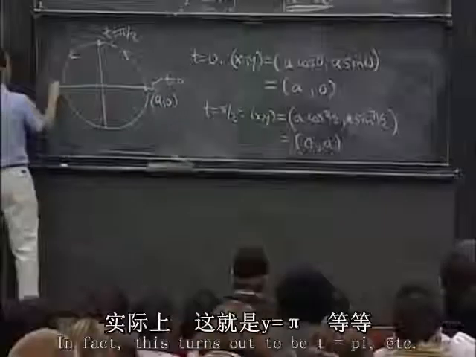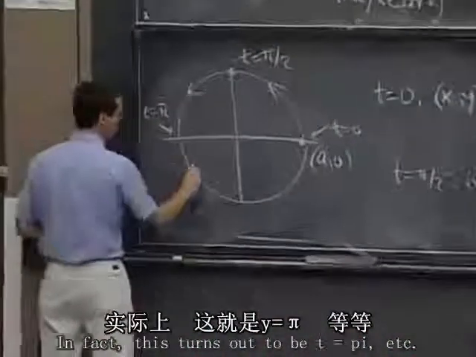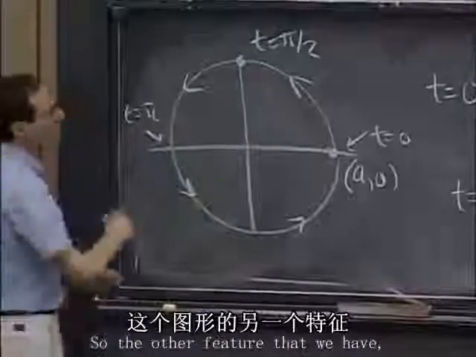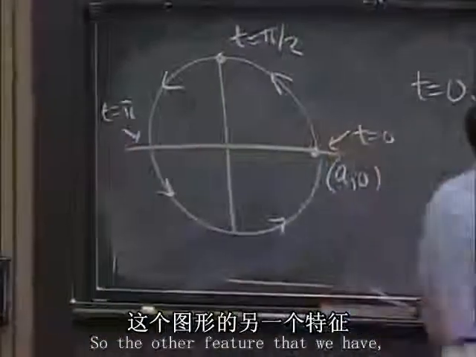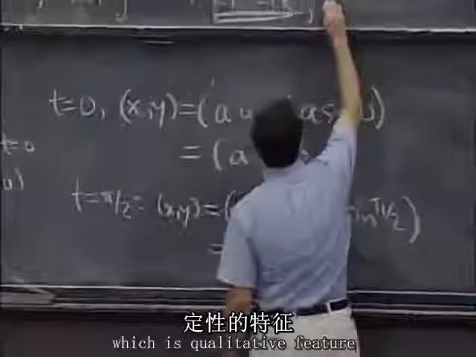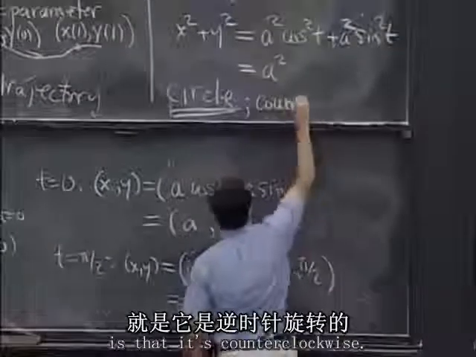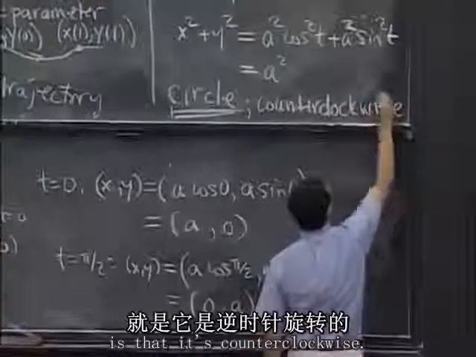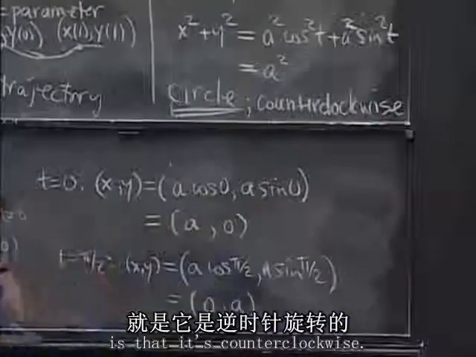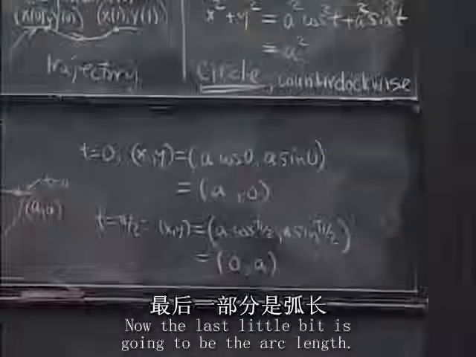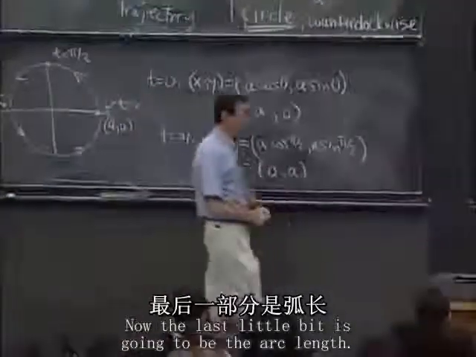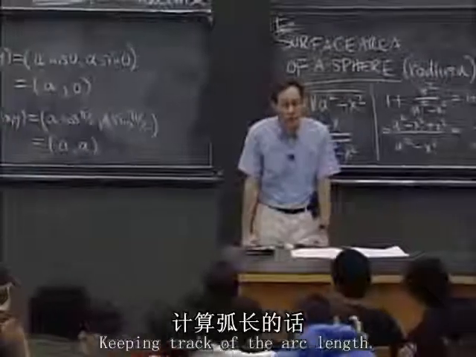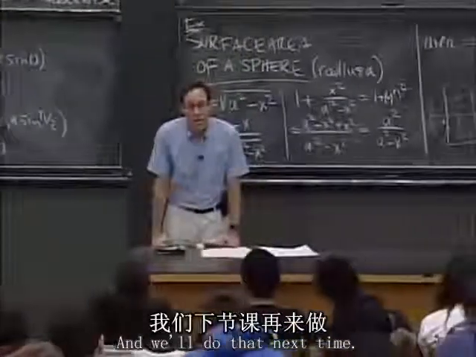In fact, this turns out to be t equals pi, etc., and it repeats at t equals 2 pi. All right? So the other feature that we have, which is a qualitative feature, is that it's counterclockwise. Now, the last little bit is going to be keeping track of the arc length. And we'll do that next time.